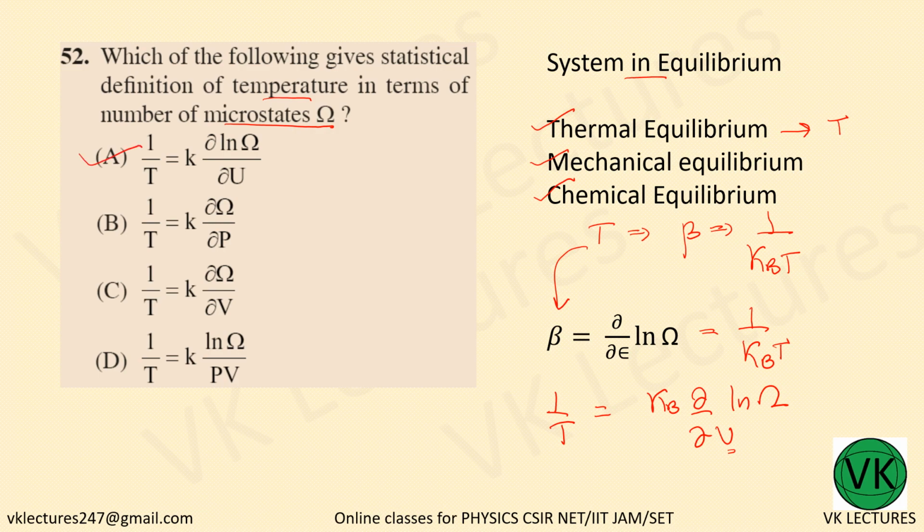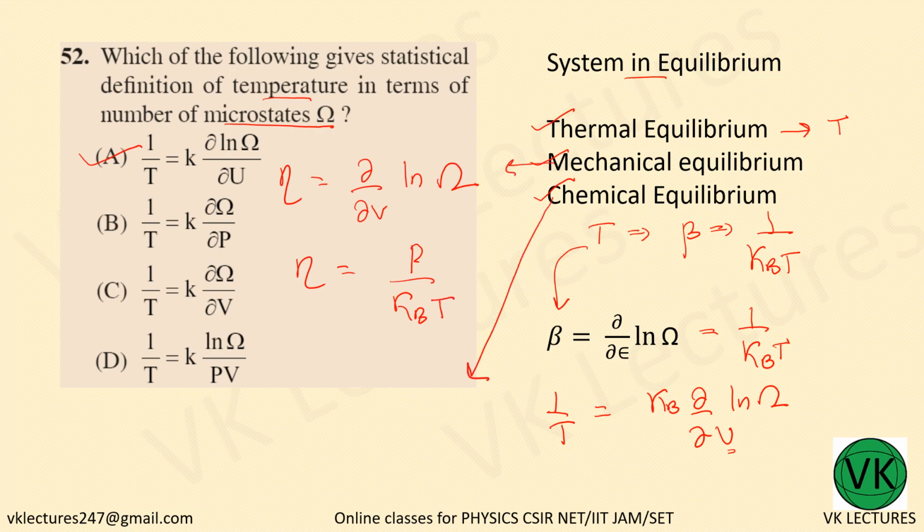Now for mechanical equilibrium you can write eta equal to dou by dou V of log omega. This is to test mechanical equilibrium, and this eta is equal to pressure by kBT. This is for mechanical equilibrium.